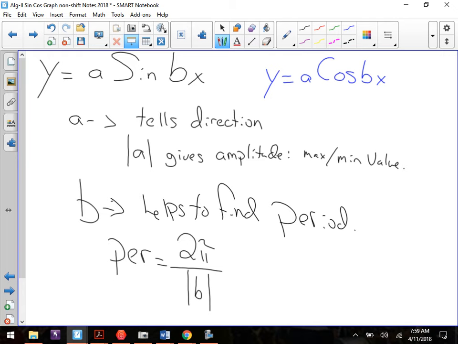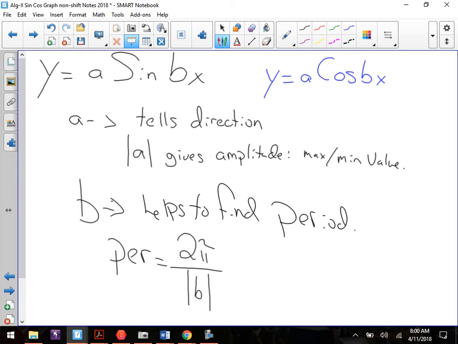The absolute value of A is how high up it goes on the y-axis. It tells you what we're going to call a maximum and a minimum value, how high or how low it goes.